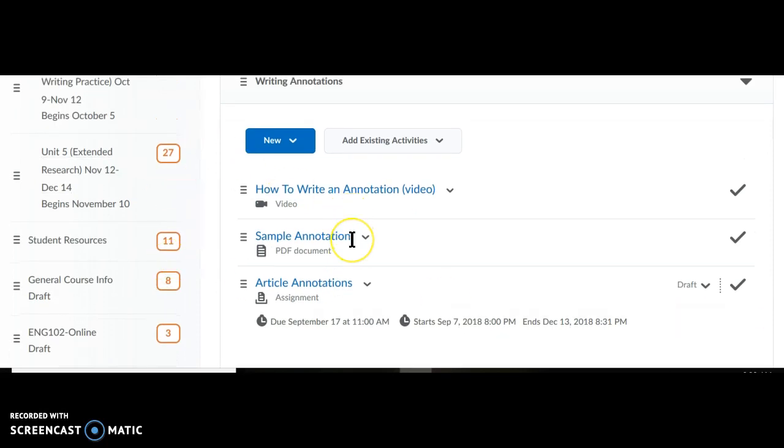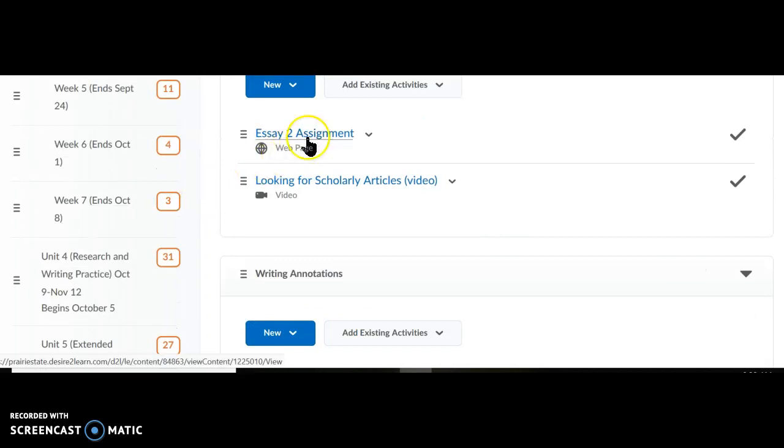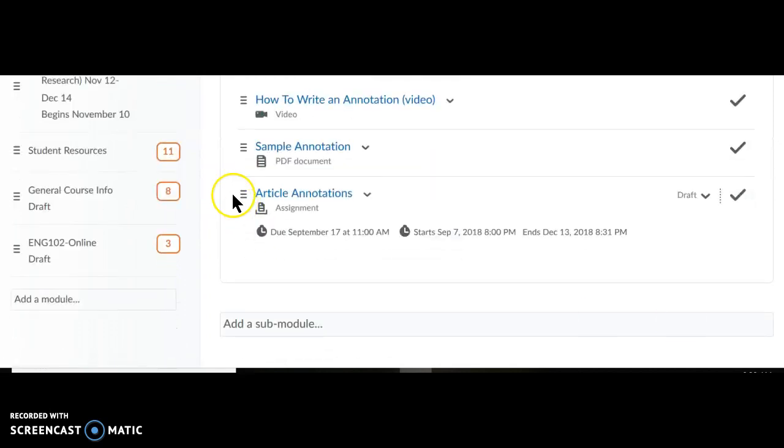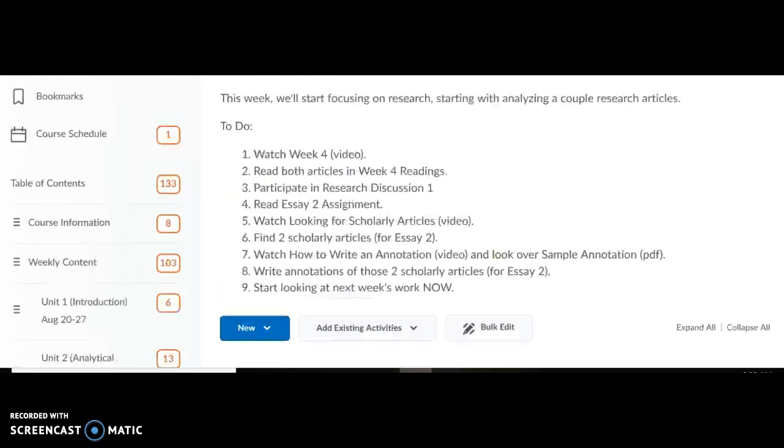So watch the video, check out the sample annotation, and then these annotations are of the 2 articles you find for Essay 2. So if you went and found 2 articles, I want you to write an annotation of each one of these. Okay? That's what those annotations are for. They're the 2 articles that you found for Essay 2.